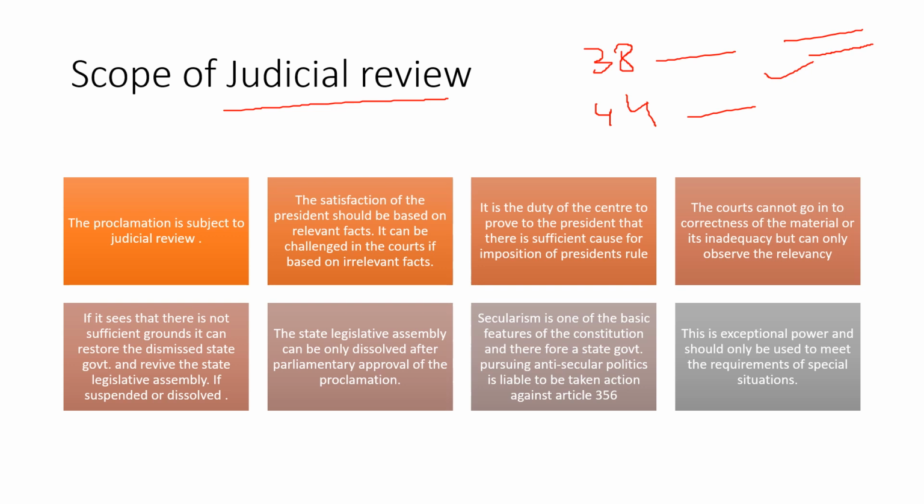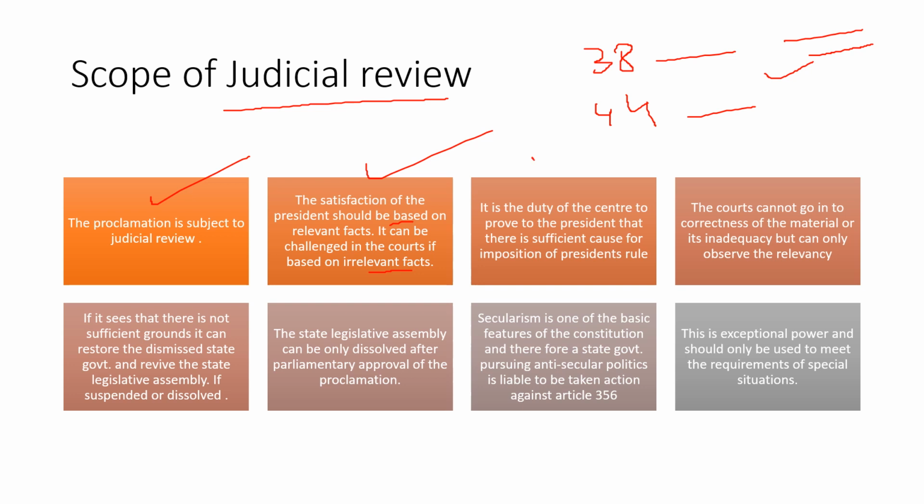So anyways, in the Bommai case in 1994, the Supreme Court said that the proclamation, of course, was subject to judicial review, number one. Number two was that the satisfaction of the president should be based on relevant facts and could be challenged in the courts of law if it was based on irrelevant facts.